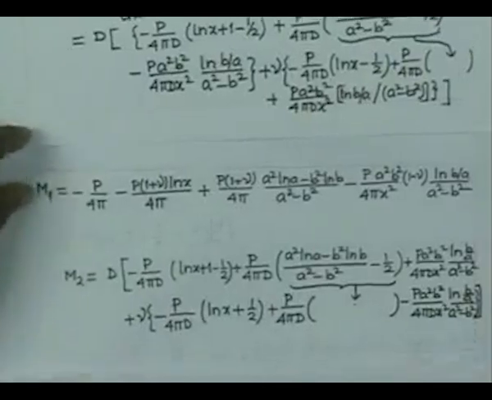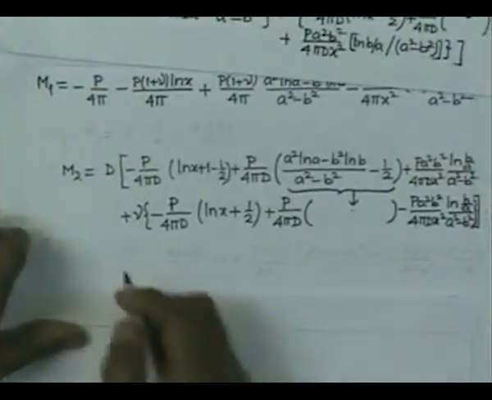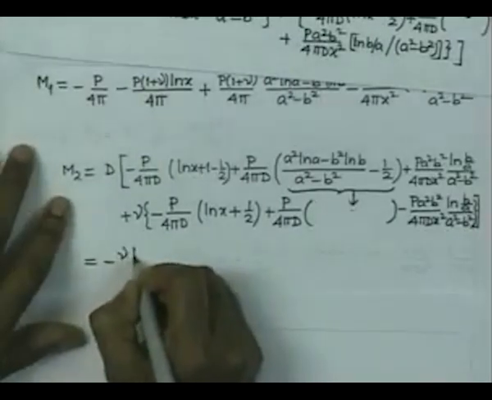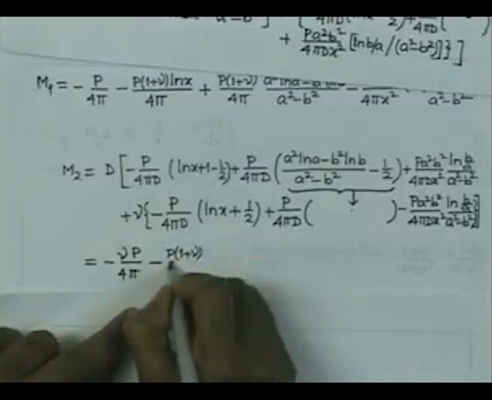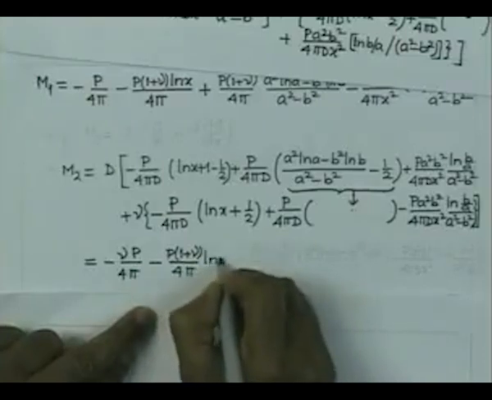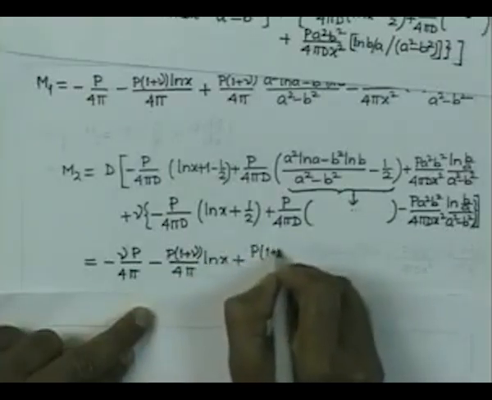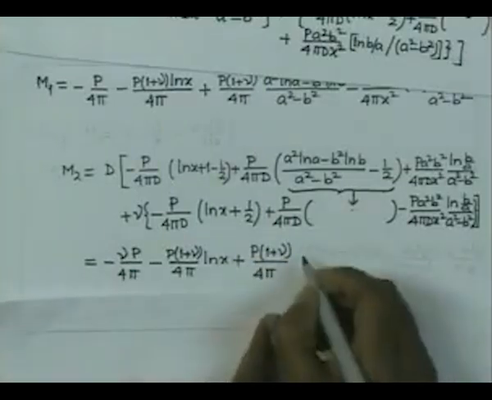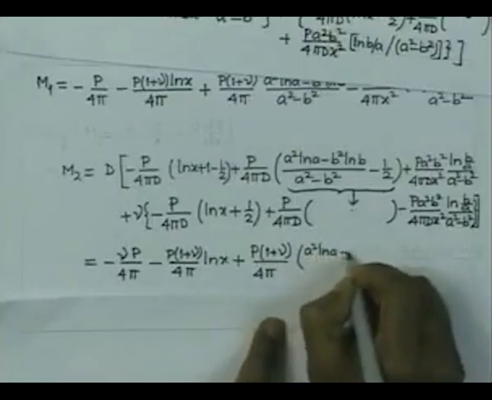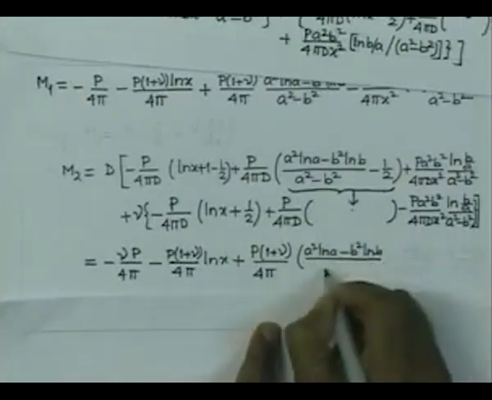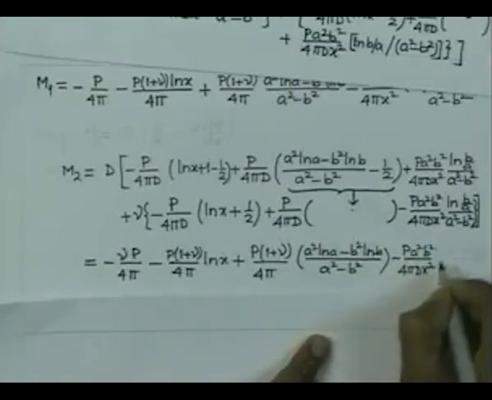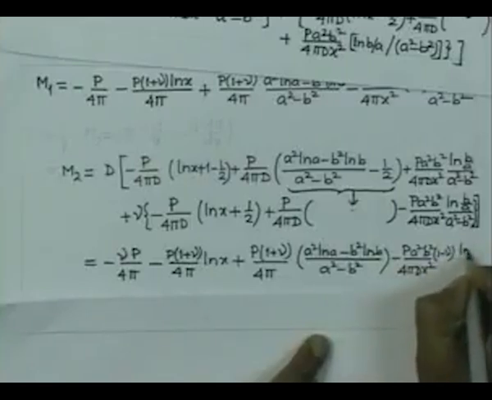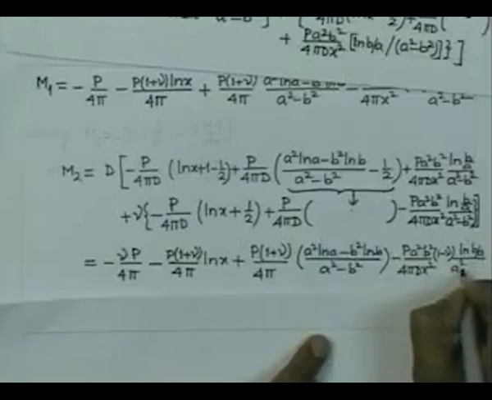So, this is the expression for m2, and once you simplify this, it looks like the following: minus nu p by 4 pi minus p into 1 plus nu by 4 pi ln x plus p into 1 plus nu by 4 pi into a square ln a minus b square ln b by a square minus b square minus p a square b square by 4 pi x square into 1 minus nu ln b by a square minus b square.